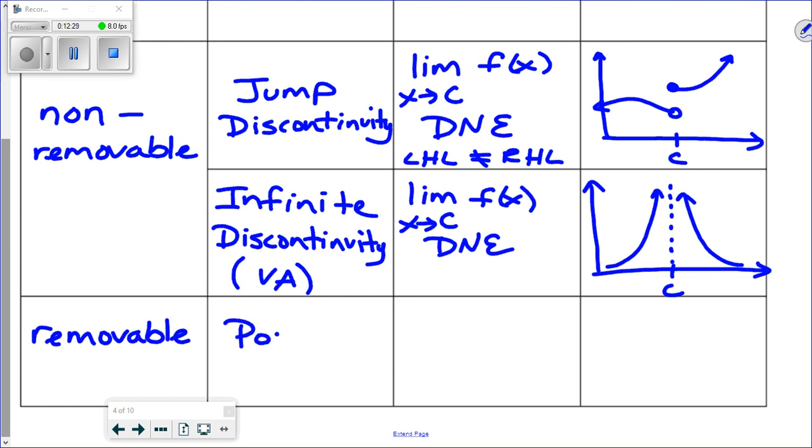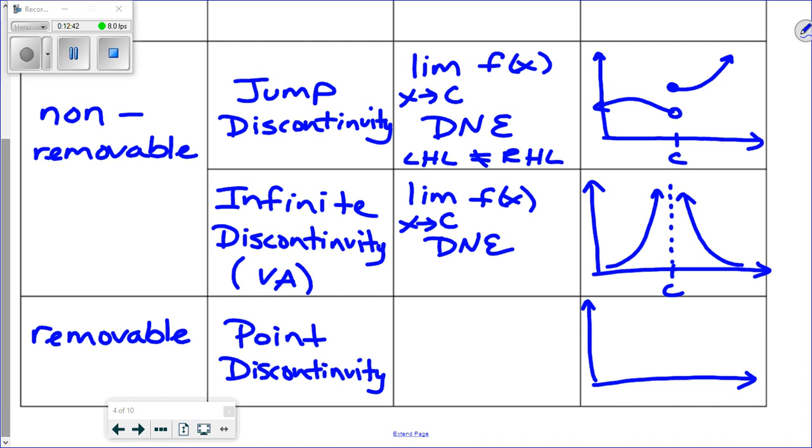Okay? All right, now our third type, which is considered removable, is what we call a point discontinuity. A point discontinuity graphically is going to be a case where your limit exists, but there's still an open circle or a hole in the graph, so something like this.